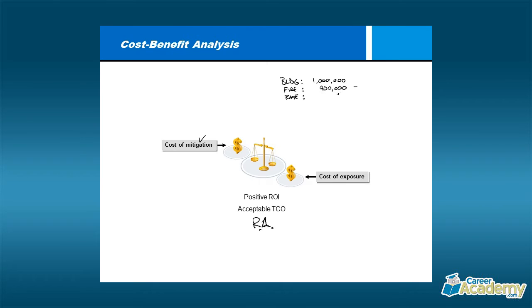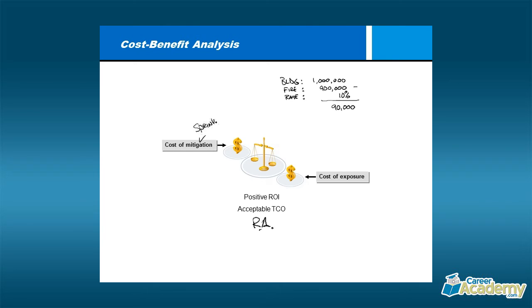So I know that over 10 years, each year I have a 10% chance of that fire occurring. So that means that if I annualized it over 10 years, I'm looking at like a $90,000 expense.